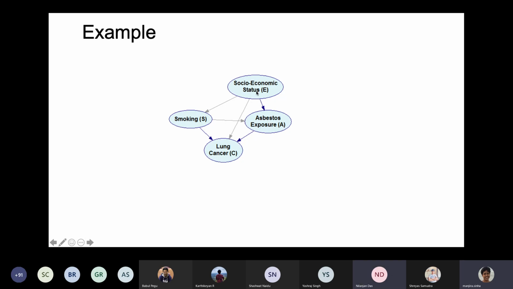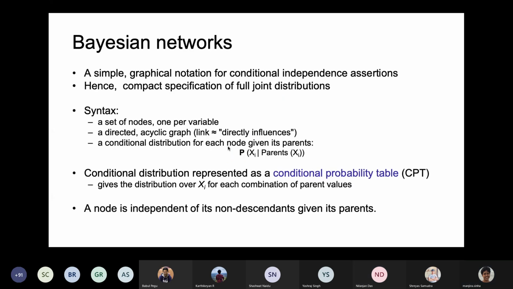And socioeconomic status can also directly contribute to lung cancer, and smoking and asbestos exposure are also contributing to lung cancer. This kind of graphical representation represents a Bayesian network, and we can approach this computationally from the Bayesian network's perspective.